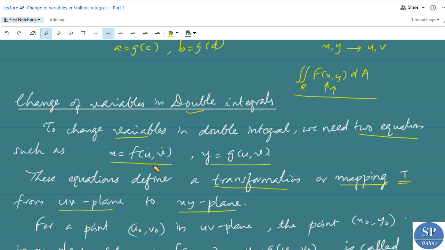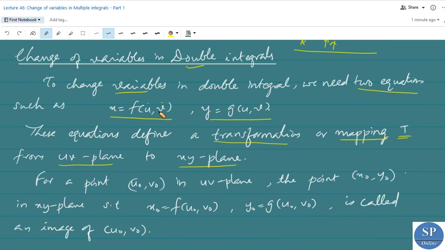That is, for a fixed point u naught v naught in the uv plane, the point x naught y naught, where x naught is equal to f of u naught v naught and y naught is equal to g of u naught v naught. That x naught y naught is called the image of the point u naught v naught.